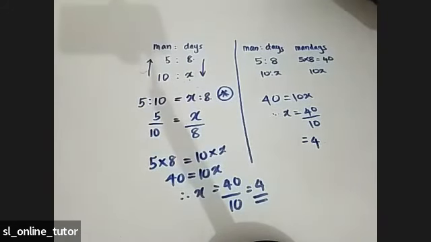Everyone should answer the second question and send me the answers in the chat box separately. For Roman numbers 1, 2, and 3, separately put the Roman numbers and send me the answers.